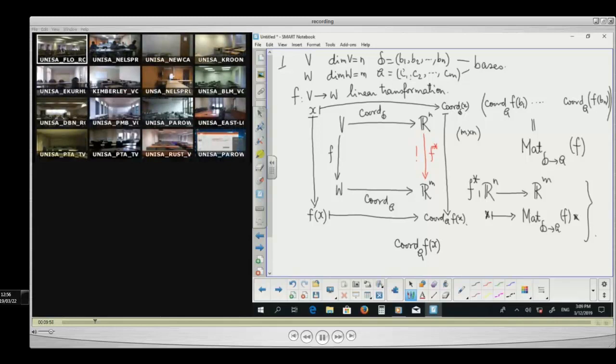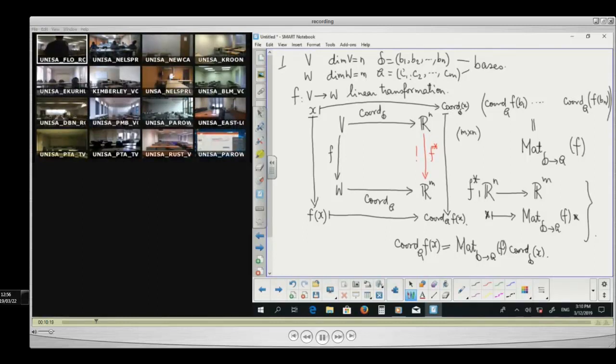Well, you multiply by this matrix the original coordinates of x.